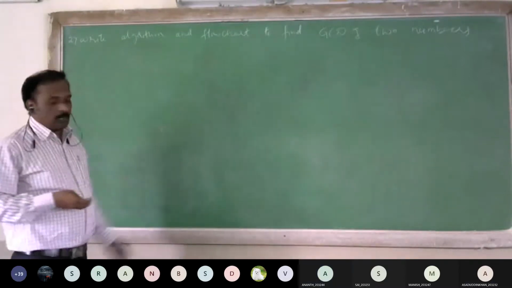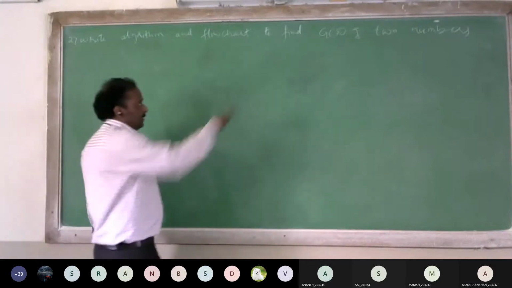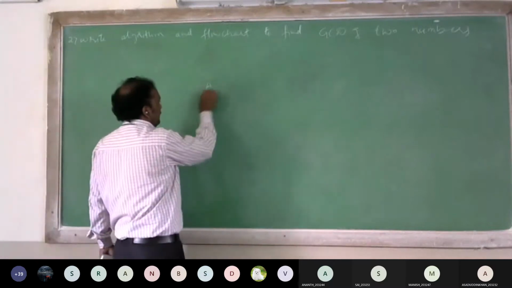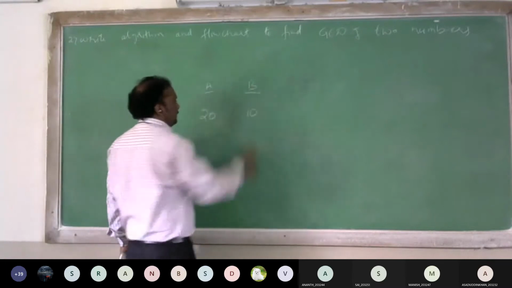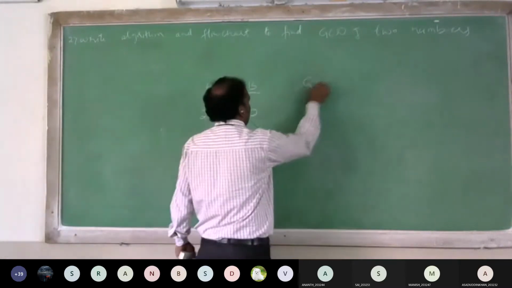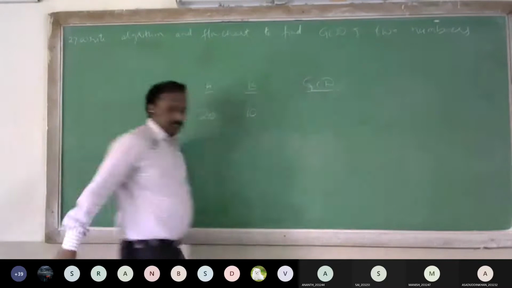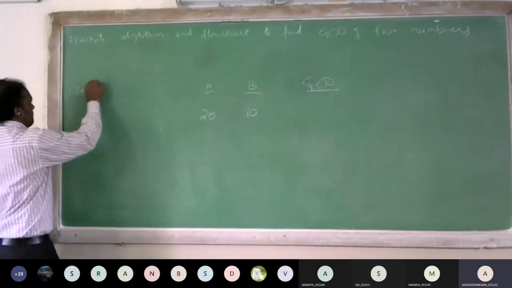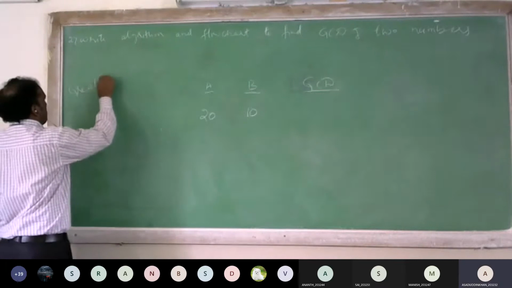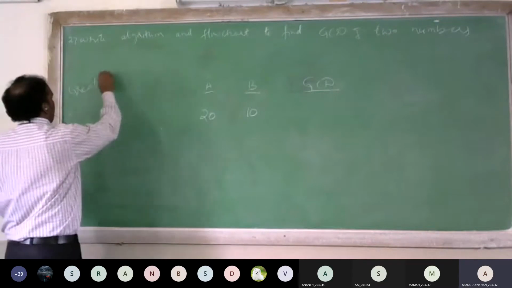GCD, greatest common divisor of two numbers. Say that A is 20 and B is 10. So what is the GCD? 10, sir. 10.